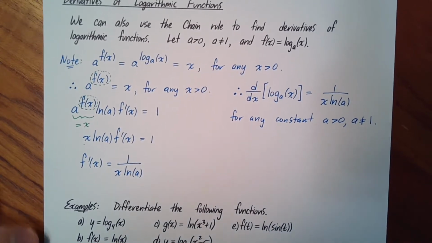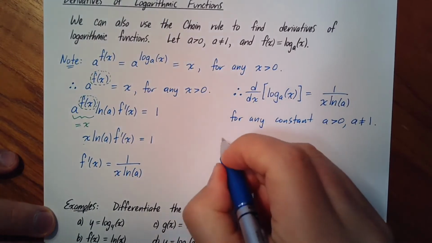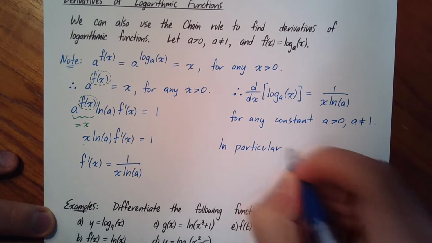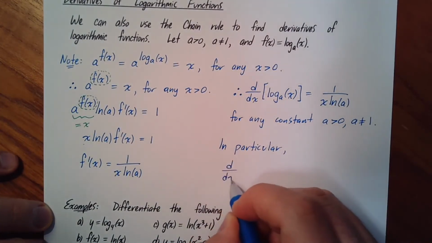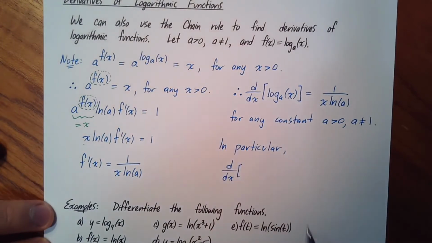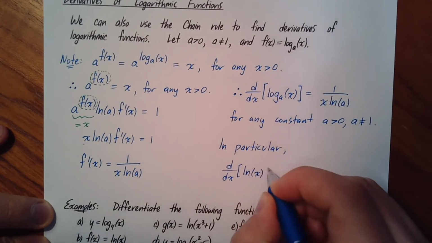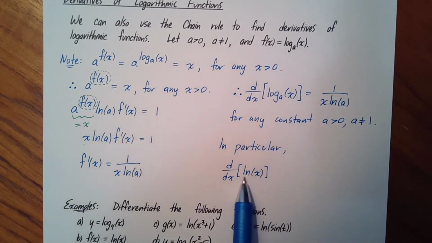Now this comes up often enough that we should ask: what about in the case when a is equal to the exponential constant e? Let's put that special case down below and handle it separately. The derivative of log base e of x: well, log base e of x is just natural log of x.